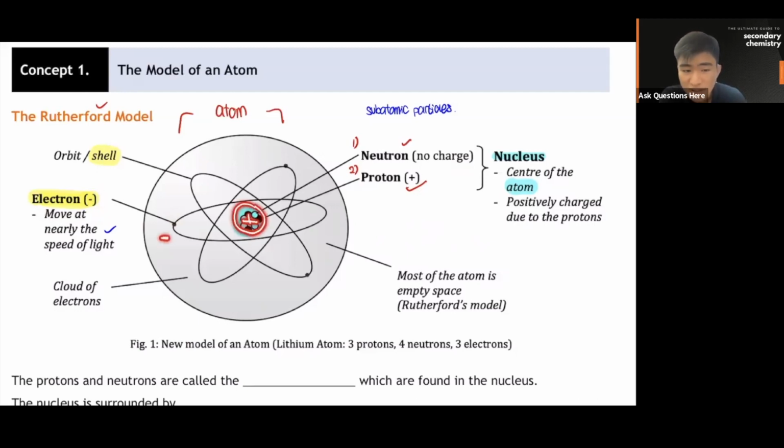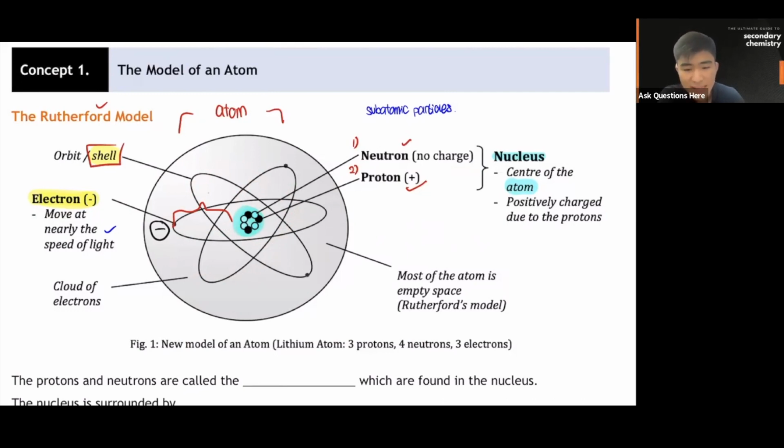For my electrons to want to stay inside the shell, they need to be attracted towards the nucleus. So I have the electrons over here. They need to have a certain attraction with the nucleus for them to continue their orbit within the electron shell. That's the reason why your proton is positive and your electron is negative.